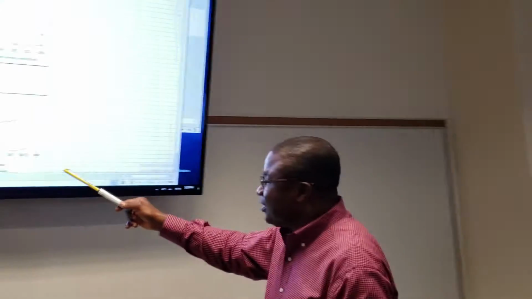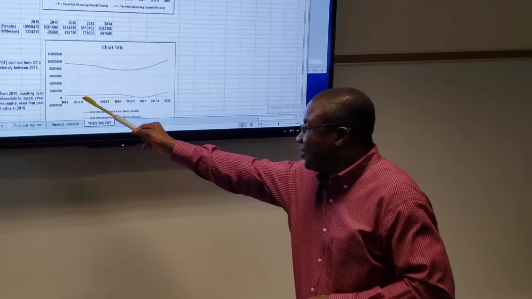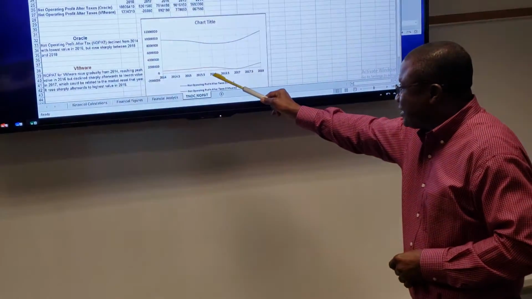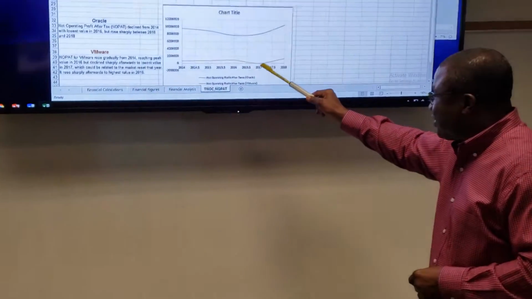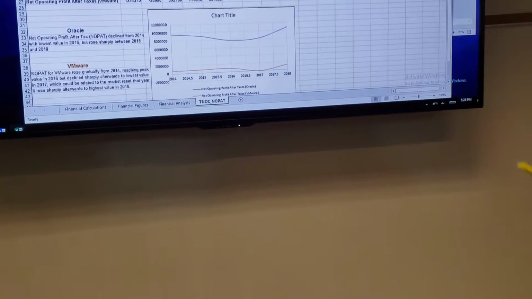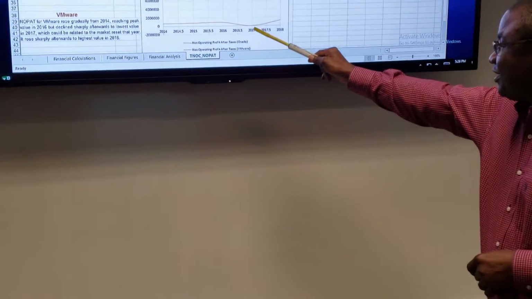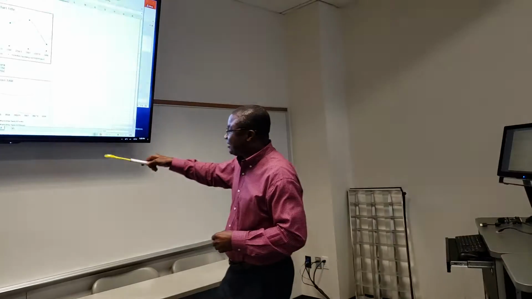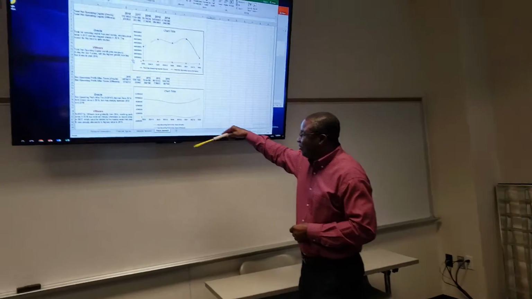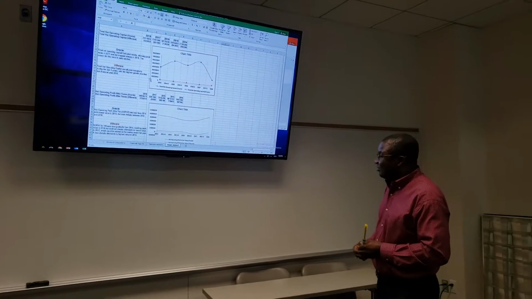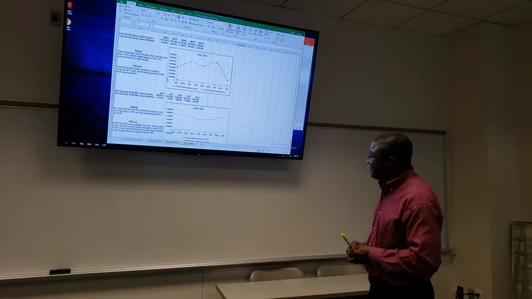But for the competitor, the NOPAT grew slowly and steadily, then began to decline in 2016, bottomed out in 2017, but then grew rapidly again in 2018. The reason for this could probably be traced to the market reset that took place around 2017, where the companies experienced huge losses in the business because of the market risk.